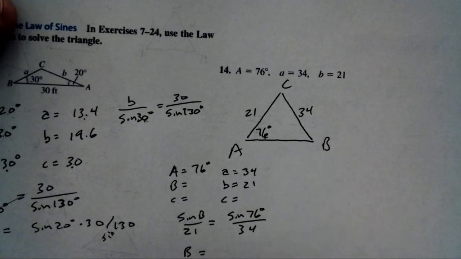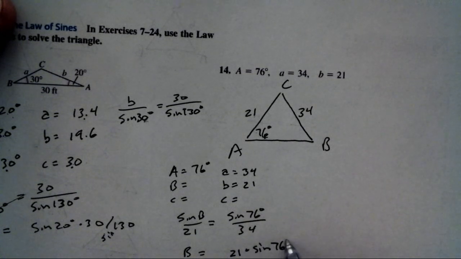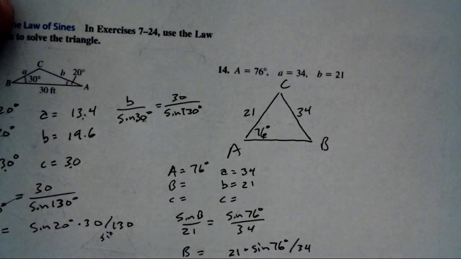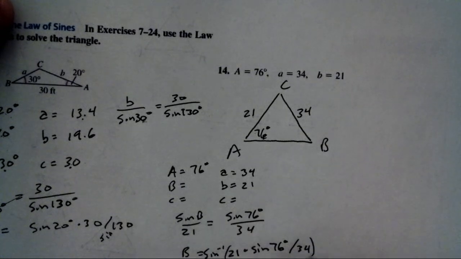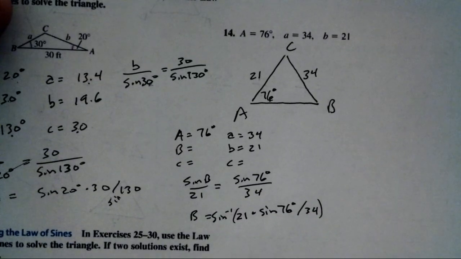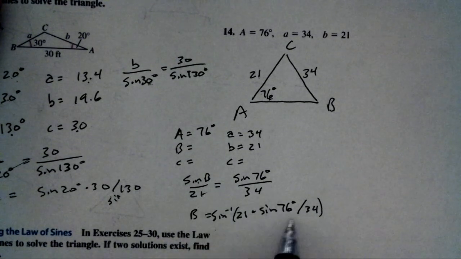The first thing I would do, and I'm going to leave some space, you'll see why, I have to multiply 21 away. So I get 21 times sine 76 degrees divided by 34. Then to get rid of sine, I have to take sine inverse of all of that. Multiply 21, take sine inverse.